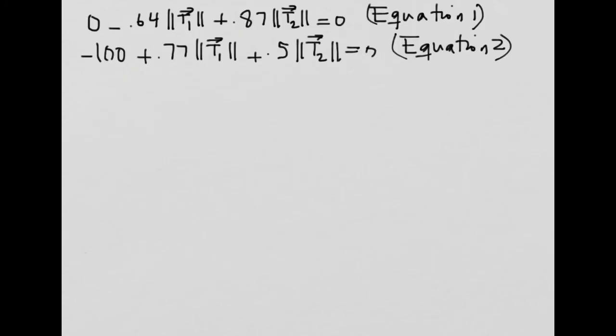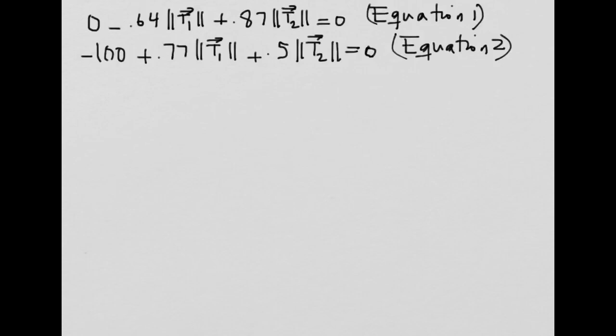Again, we have two equations. 0 minus 0.64 times the magnitude of T1 plus 0.87 times the magnitude of T2 equals 0. We call that equation 1. And minus 100 plus 0.77 times the magnitude of T1 plus 0.5 times the magnitude of T2 equals 0. We call that equation 2. I'm going to use those two equations to solve for the magnitude of T1 and the magnitude of T2.